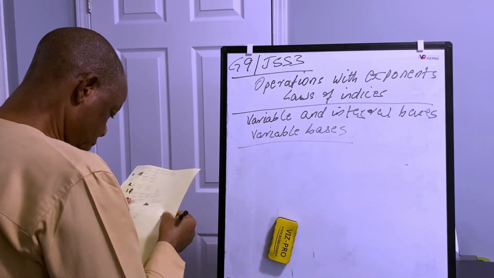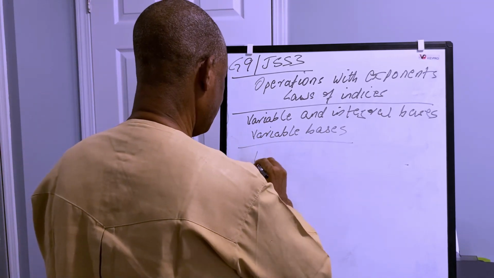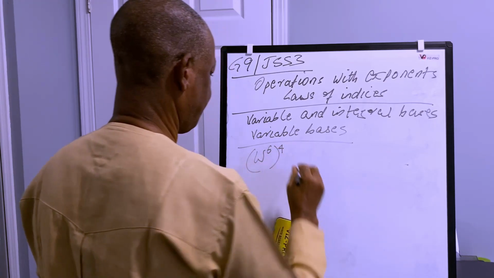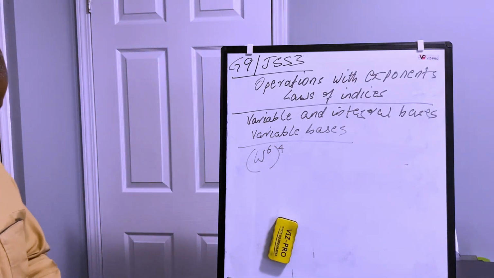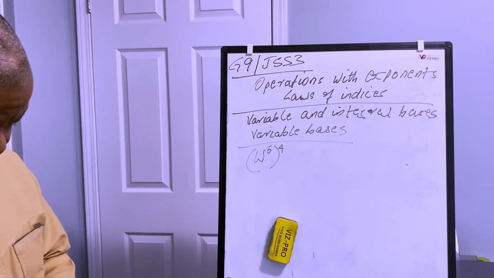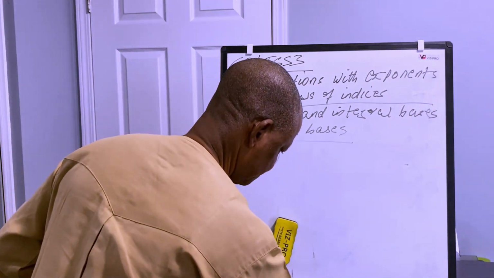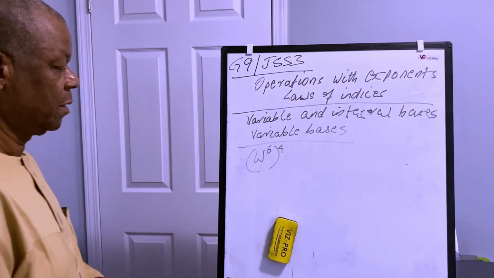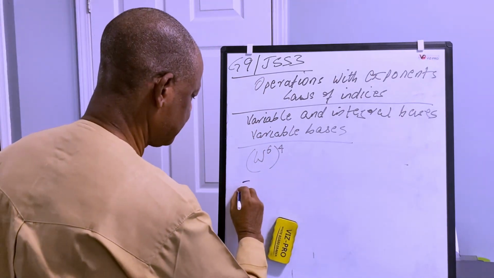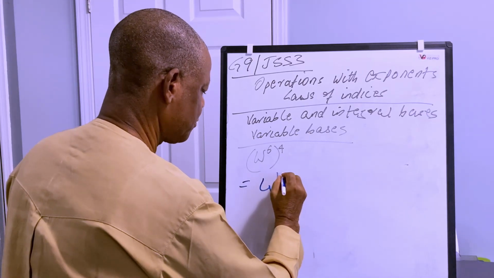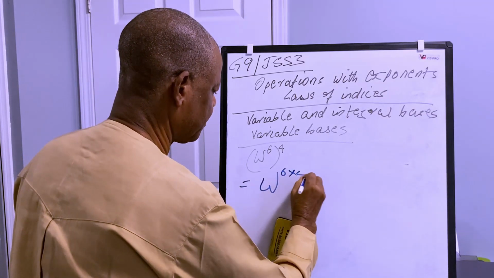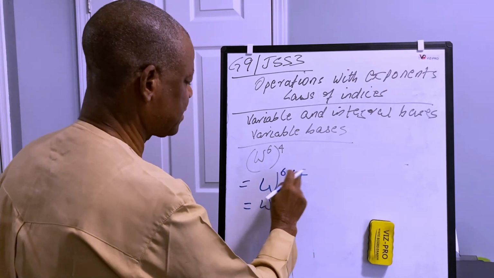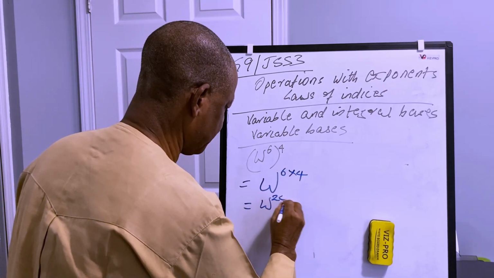We have W raised to power 6, all raised to power 4. That is W raised to power 6 times 4, giving us W raised to power 24, since 6 times 4 is 24.